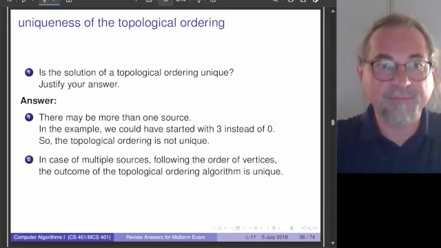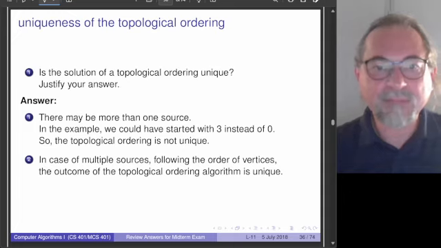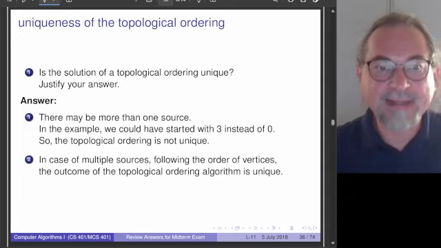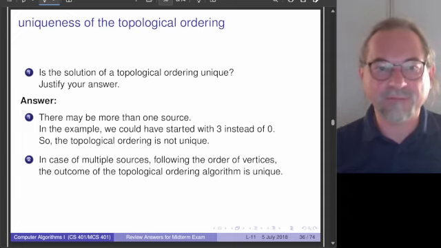Okay, is the problem now unique? I will end with this. And the short answer is no, there might be more than one source. In the example, we could have started with 3 instead of 0.